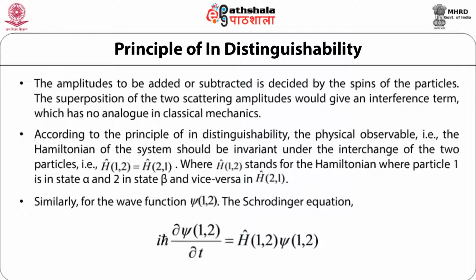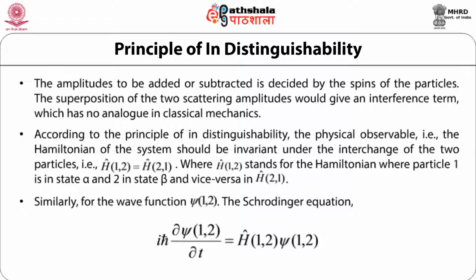In quantum mechanics, if you write down the Hamiltonian of the system, even if you interchange the two protons, that is, the proton which was earlier acting as the projectile is now made to act as the target, while the proton that was earlier the target now acts as the projectile, your total Hamiltonian of the system would remain unchanged. That is, it would be invariant.